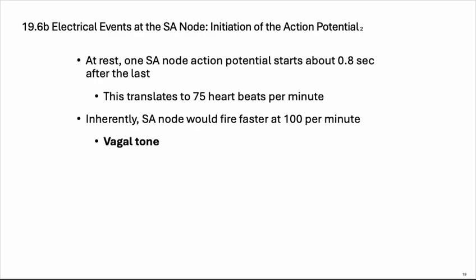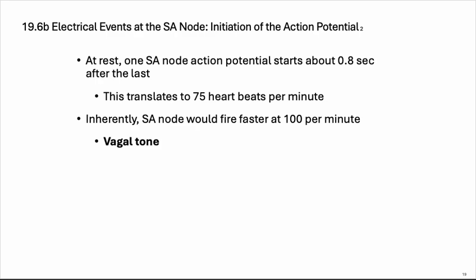However, our SA node on its own, our heart rate on its own, would be much higher than it actually is. Our typical heart rate is maybe somewhere between 60 and 100. It varies depending on lots of different factors.